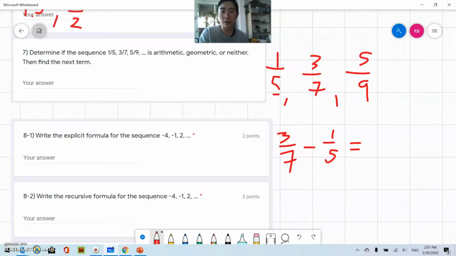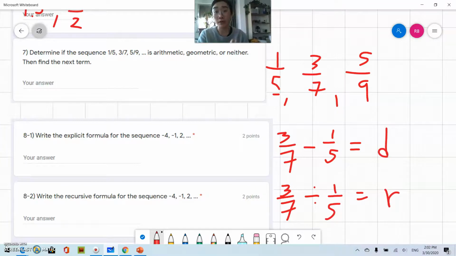Well, you know it's not going to be. Geometric, on the other hand, is done by 3 over 7 divided by 1/5, and then you get the common ratio, and if you multiply that to 3/7, and if you get 5/9, then it's geometric, but it's not, and so this is neither.